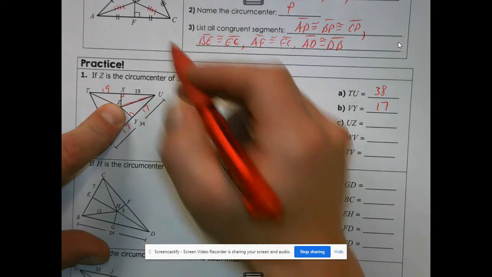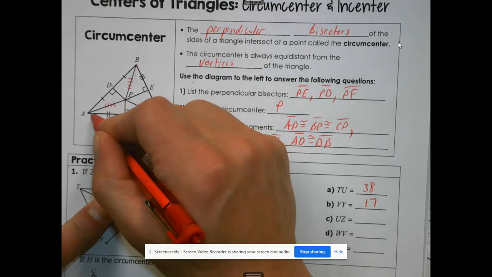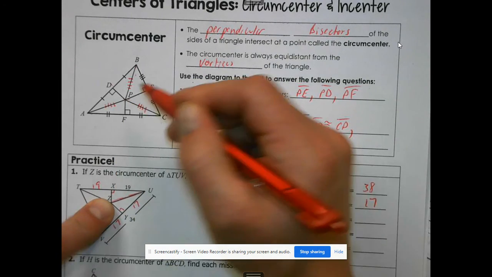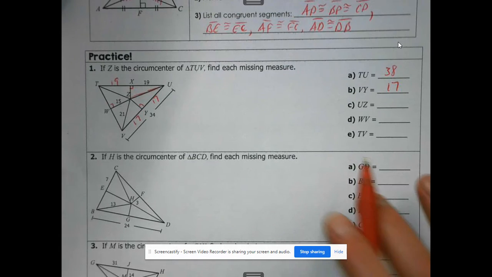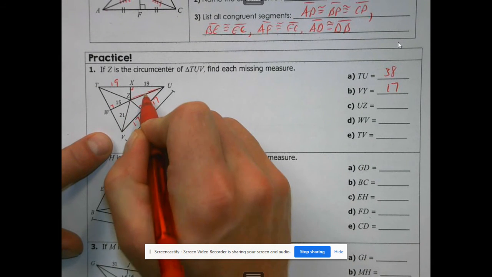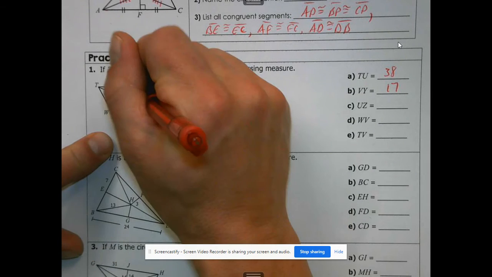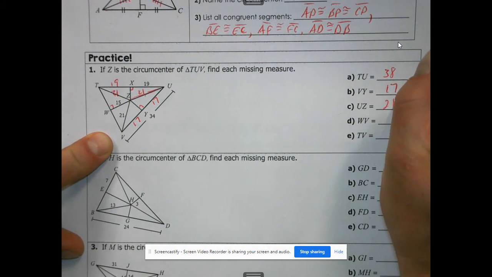We know that all three of these pieces on the inside from vertex to center are congruent. So if this guy is 21, this guy and this guy all have to be 21 as well. So U to Z, 21.